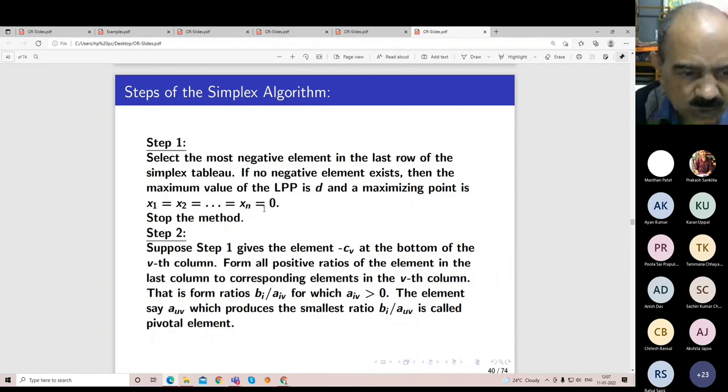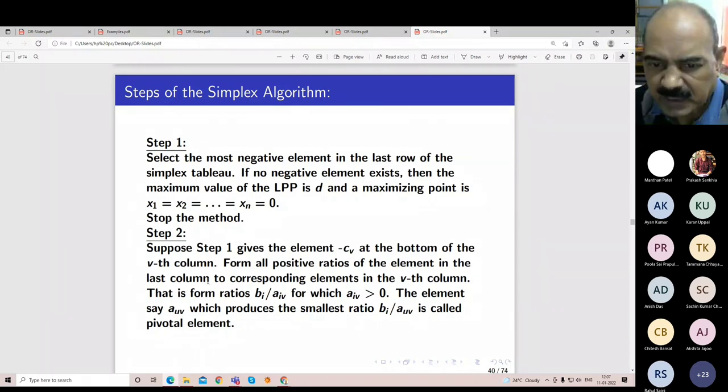What is step 2? Suppose in step 1, we find the most negative element, minus cv, at the bottom of the vth column. Then what should we do? Form all positive ratios of the elements in the last column to the corresponding elements in the vth column.